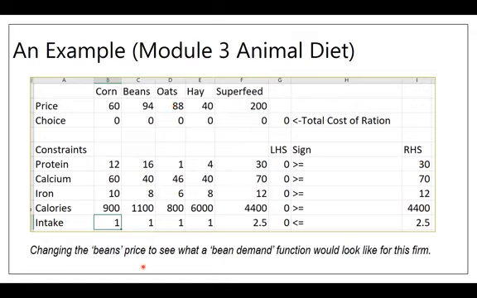Well, one of the things we might do with a model like this would be to just start changing the price of soybeans and get what we would call a bean demand function for this firm. Right? So we would keep solving this over different levels of the price for beans, different assumptions, and then just see what the optimization problem told us was the correct choice, the cost minimizing choice.